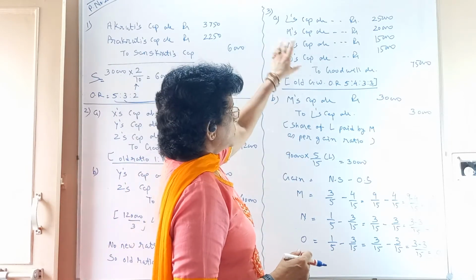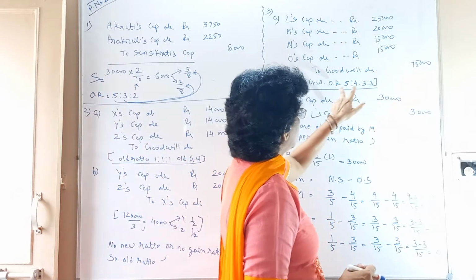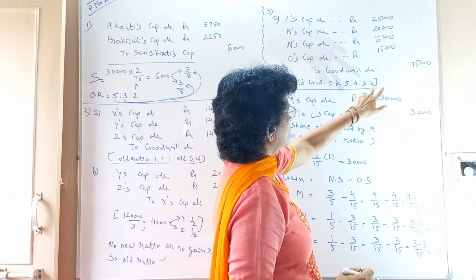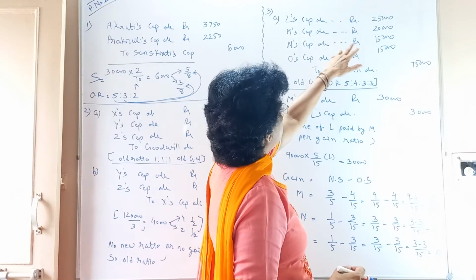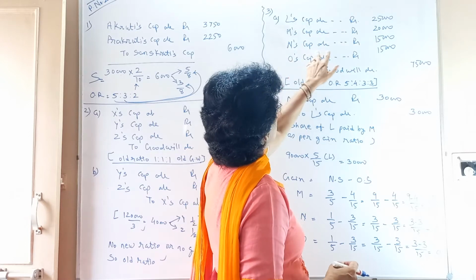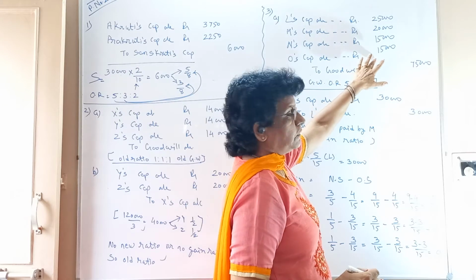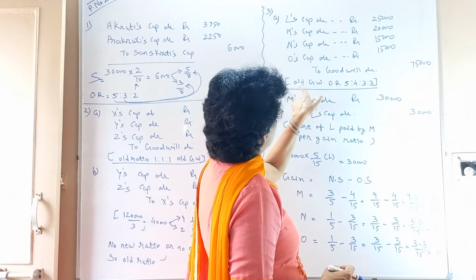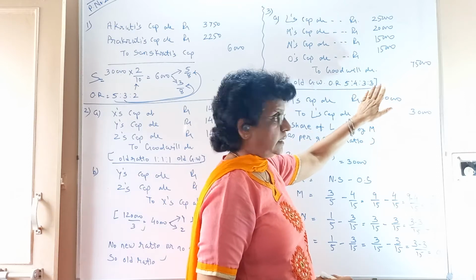So here let us first of all distribute the old goodwill, 75,000, in the old ratio 5:4:3:3. So L's capital account 25,000, M's capital account debit 20,000, N's capital account 15,000, O's capital account 15,000. So here old goodwill in the old ratio, that is your narration.